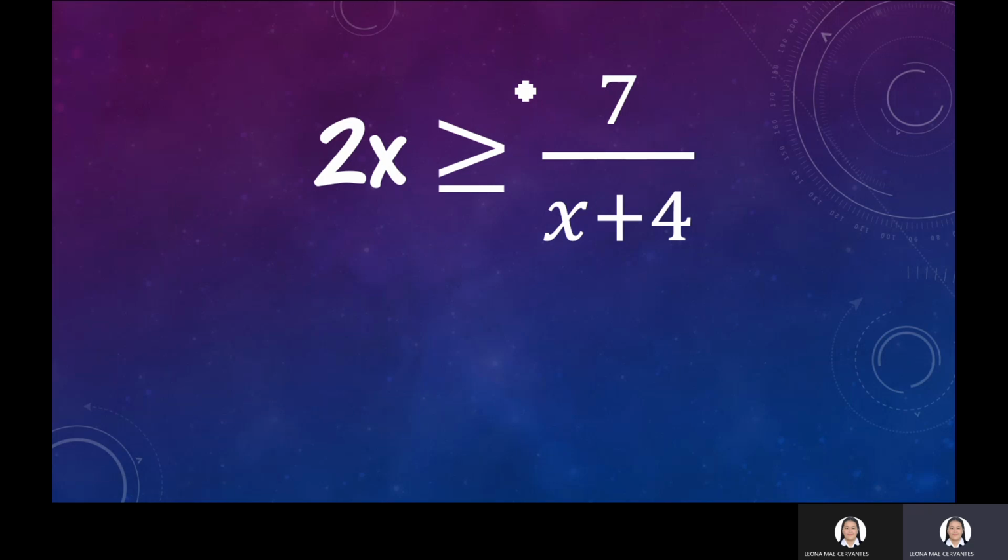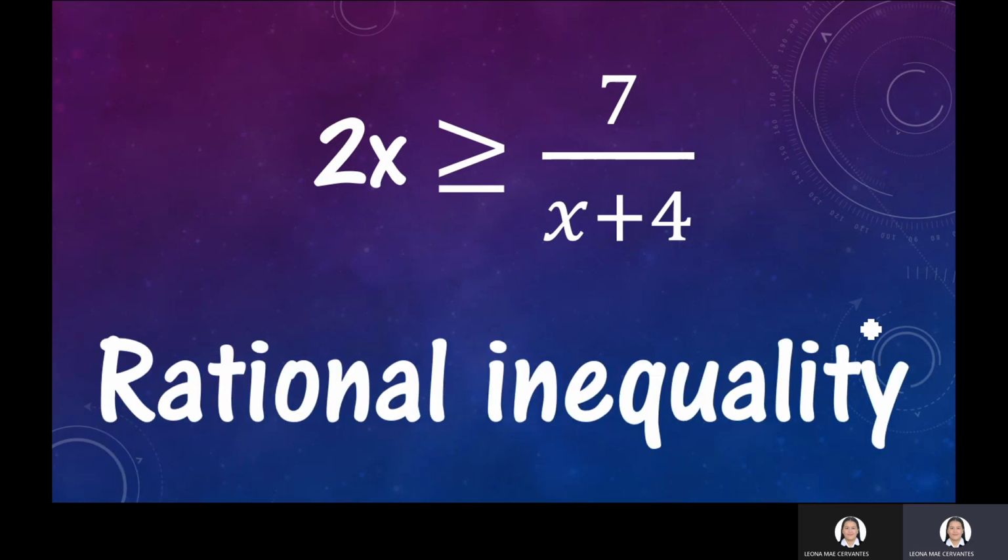Is it a rational equation, rational inequality, rational function, or none? Okay, correct answer: rational inequality.